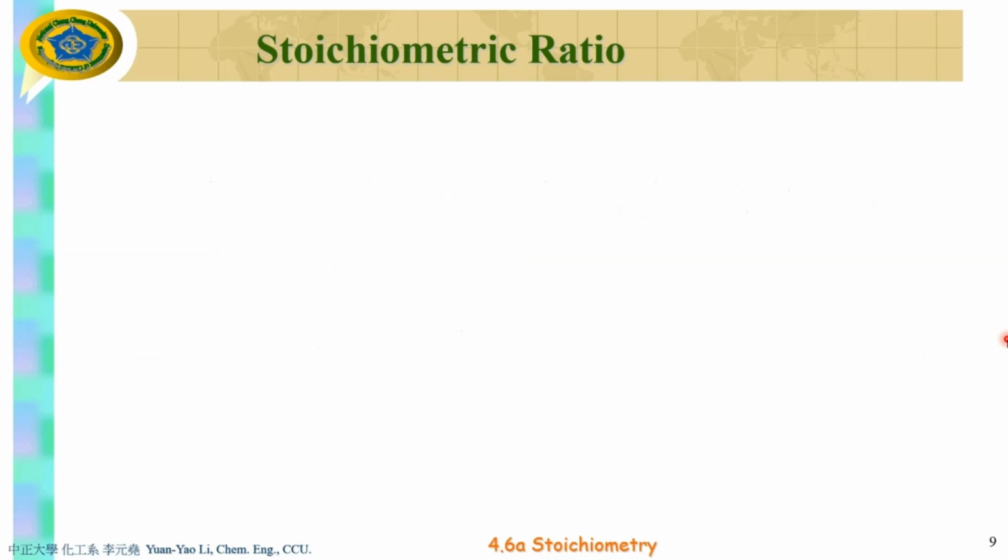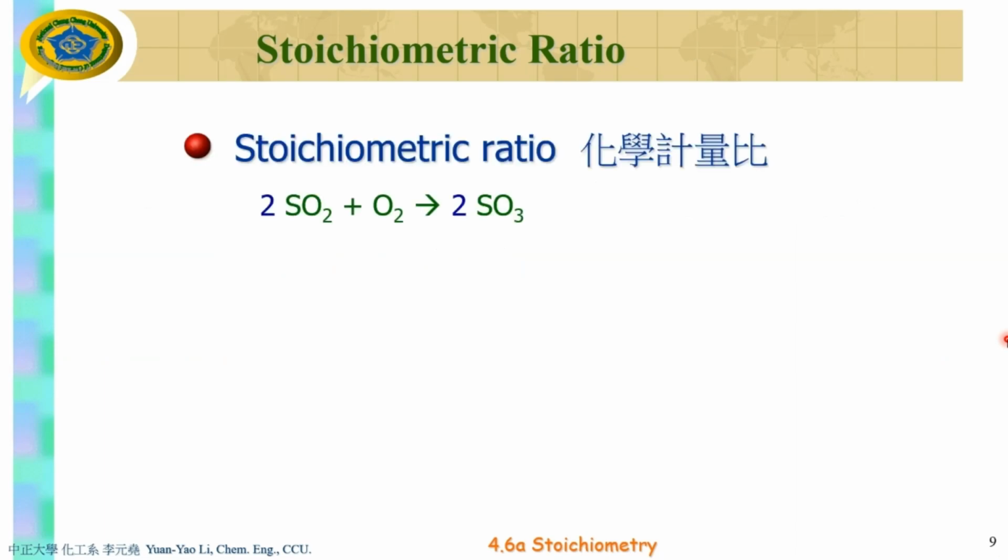Okay, the third term is called the stoichiometric ratio. What is the stoichiometric ratio? You have 2 moles of SO2 and you have 1 mole of oxygen. If I ask you, what's the stoichiometric ratio of SO3 to the oxygen, O2?